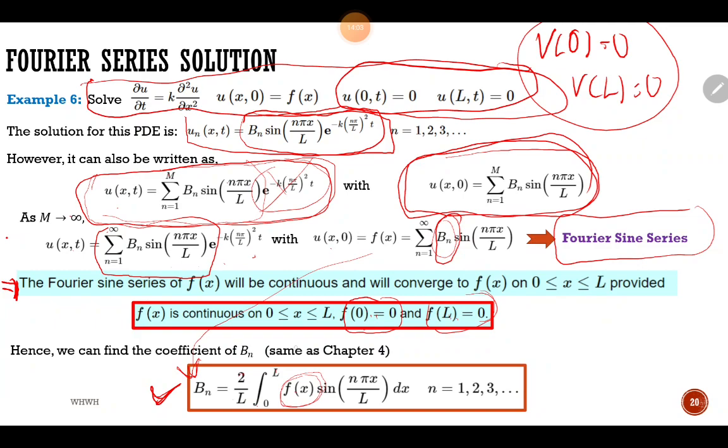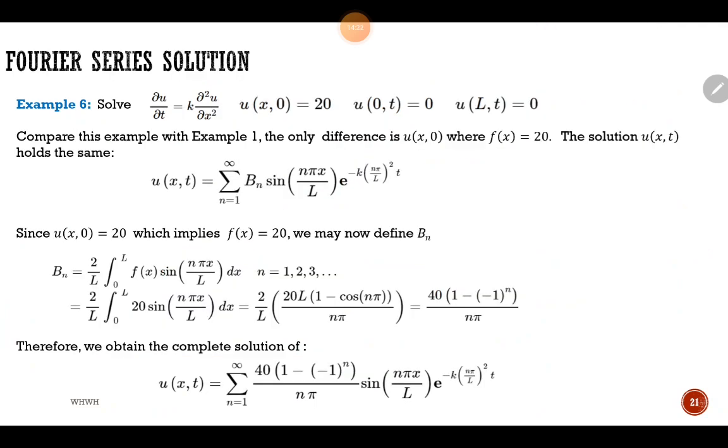Okay, so we are going to use the same formula as in chapter 4 to find the coefficient for our PDE punya solution here, Bn yang ni. Okay, this Bn. Alright, so to make yourself clear about this, okay, kita ada example 6 ni lah.